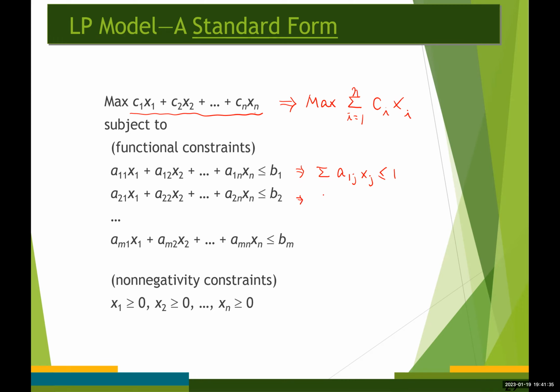And the second one would be the sum over A sub 2j x sub j less than or equal to B2. Sorry, this is going to be B1, right? And the mth constraint, A sub mj x sub j less than or equal to b sub m, right?